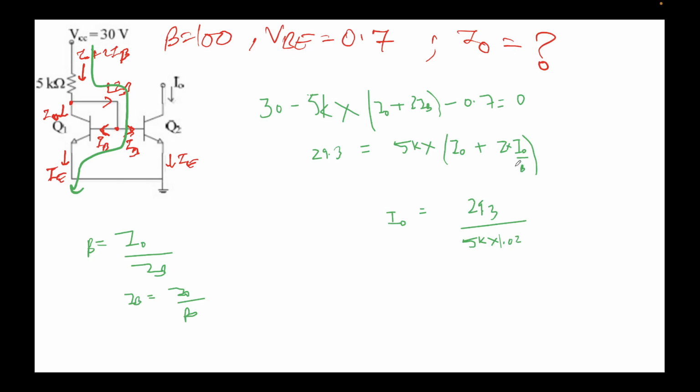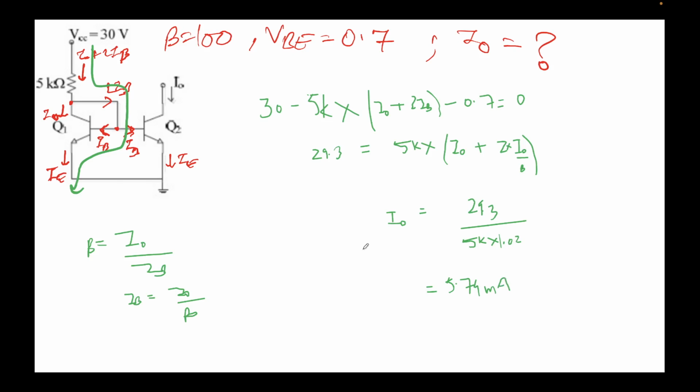Let me just put these numbers into my calculator so as to get the final answer. So that's 29.3 divided by 5K divided by 1.02. So the answer that is coming out is 5.74 milliamps.